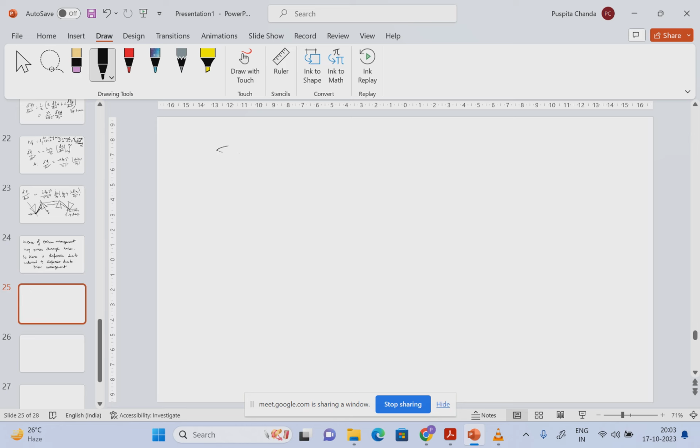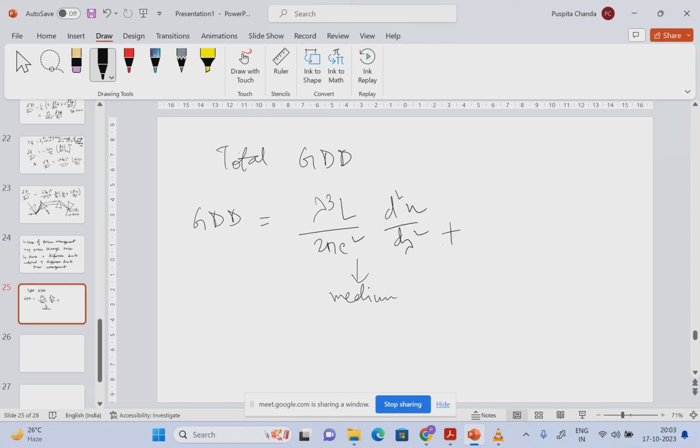So here we get the total GDD. GDD is lambda cube by 2 pi c square, d square n by d lambda square, which is because of the medium, and this is minus 4 L p lambda cube by pi c square into dn by d lambda whole square. This is because of the prism arrangement.